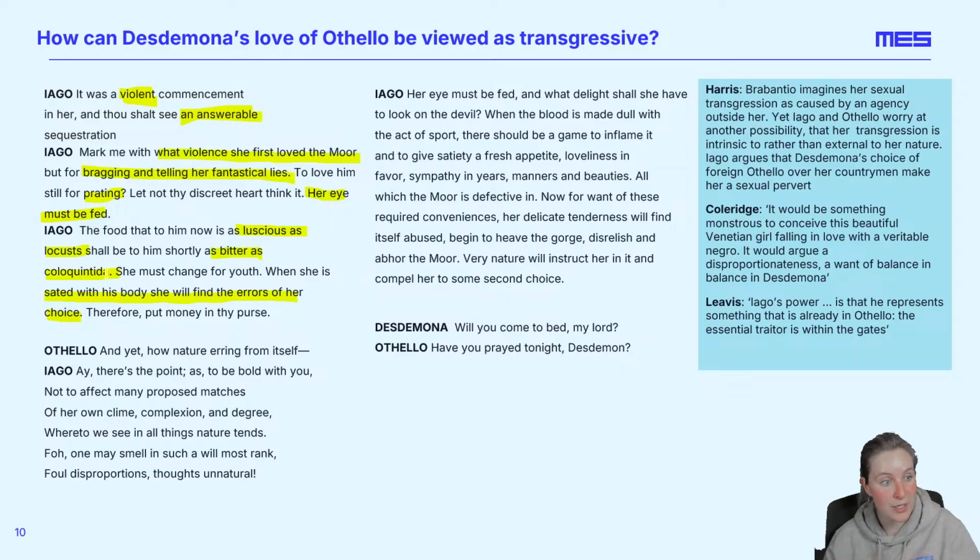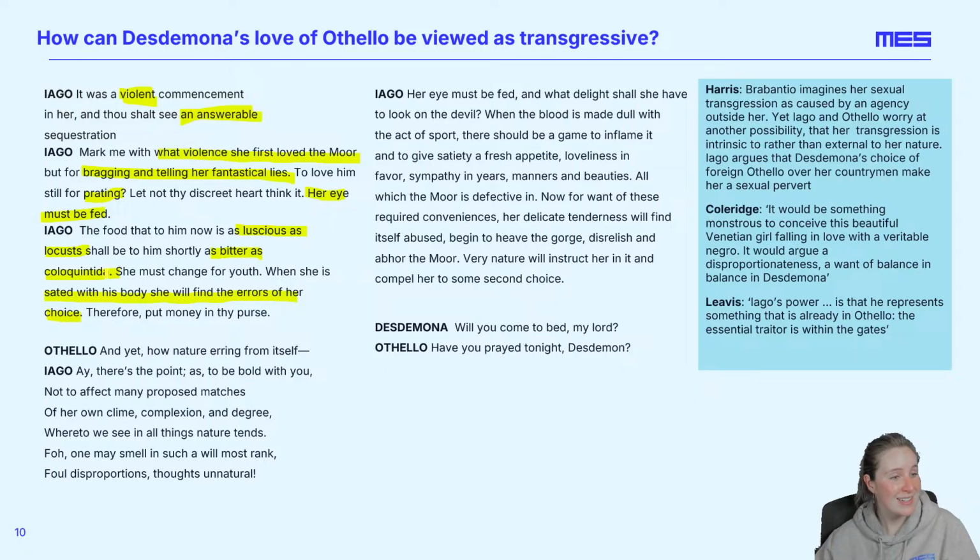And you, Rodrigo, who he's speaking to, are going to fill that by being another new interesting thing for her. So essentially saying, this is a whim for her. Be the next whim. She is just going to move on and get bored with him. And interestingly, he says, the food to him that's now as locusts.